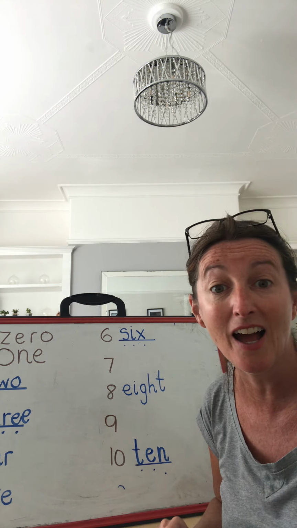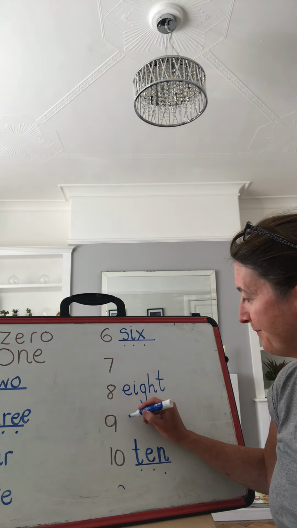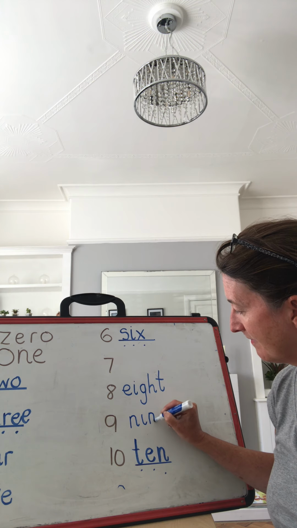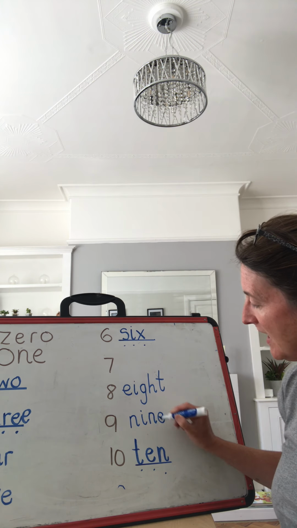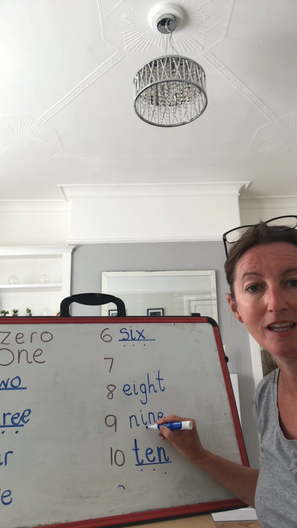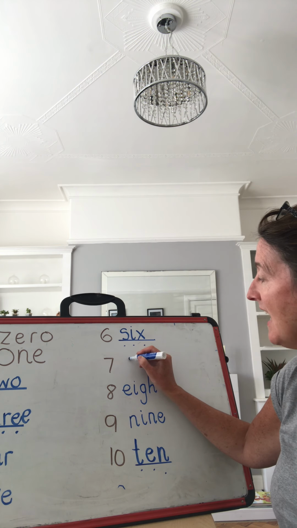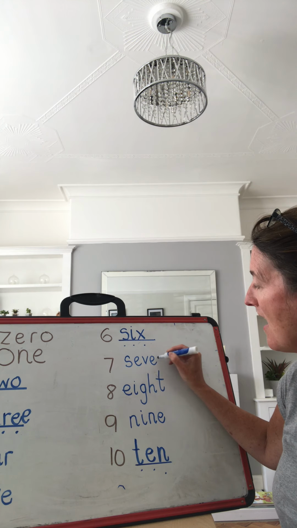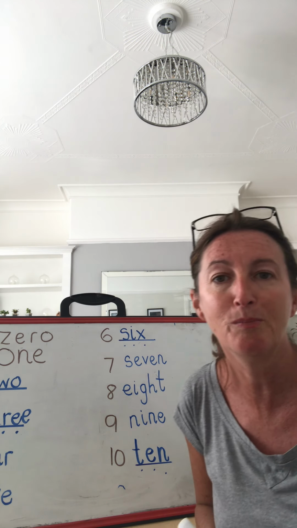You think it's i, Captain? No, it's not. It's that magic e again that makes it, instead of the sound, the name. And then 10. Now, I want you to practice those.